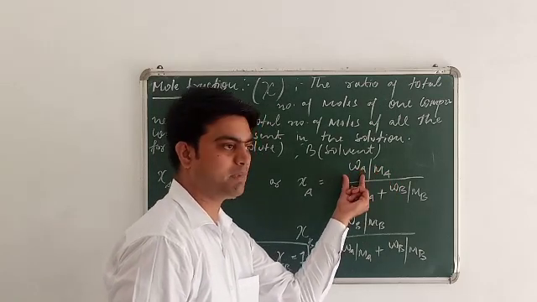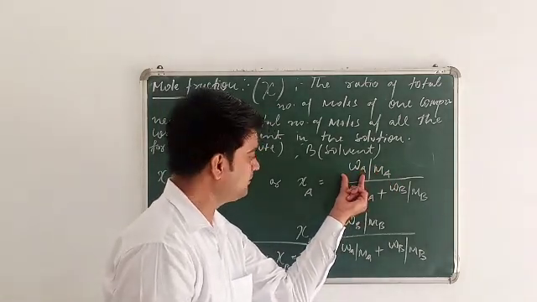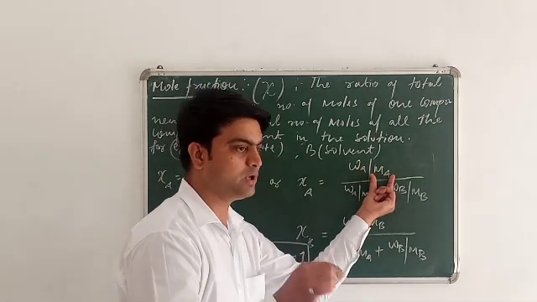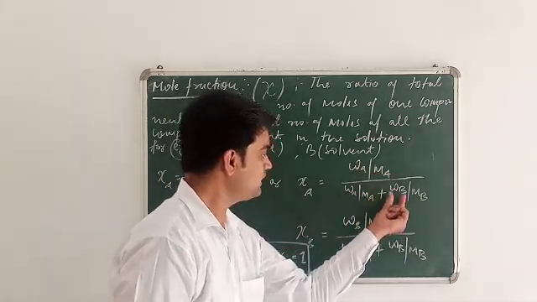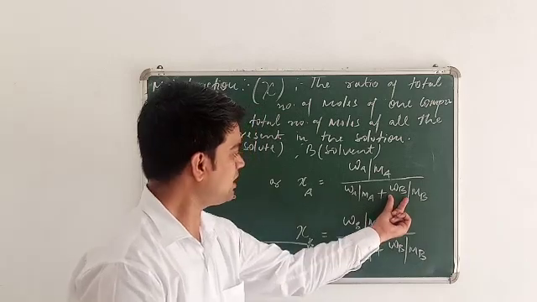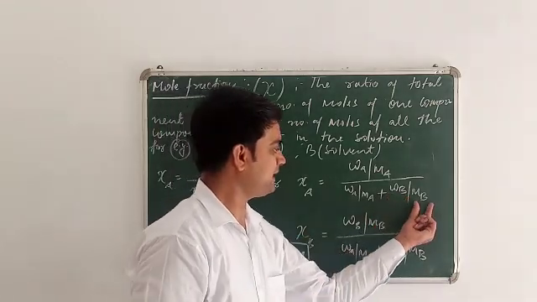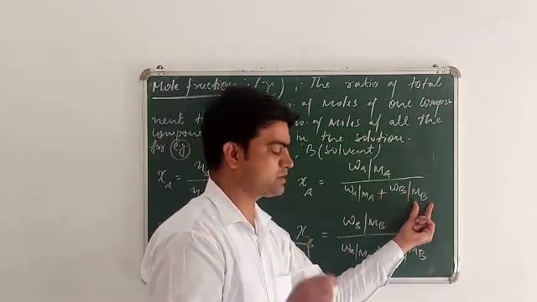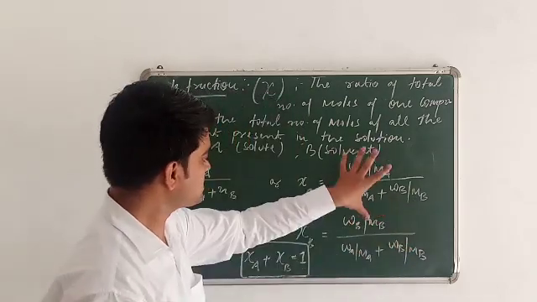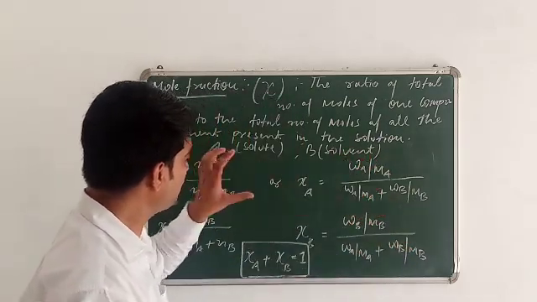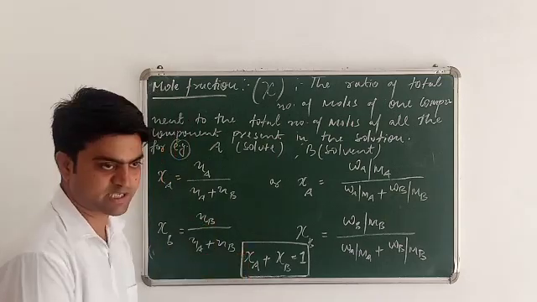Wa is the mass of solute in gram and Ma is the molar mass of the solute. Similarly, Wb is the mass of solvent in gram and Mb is the molar mass of the solvent. By putting all these values, you get the mole fraction of A and B respectively.